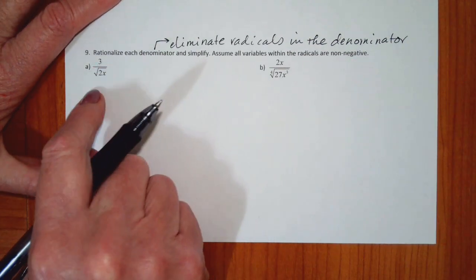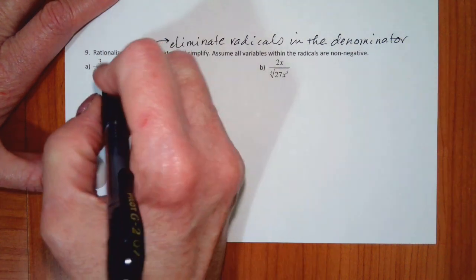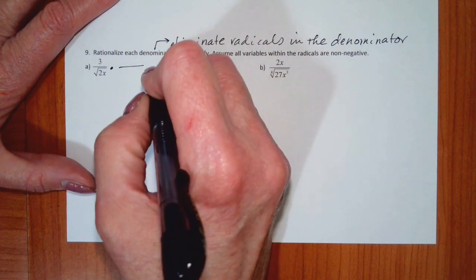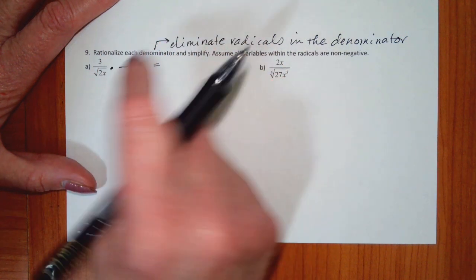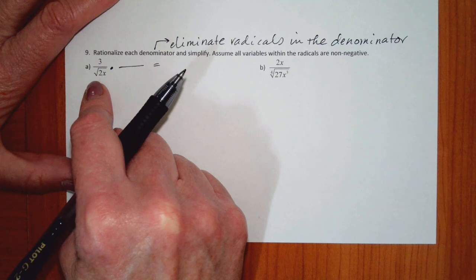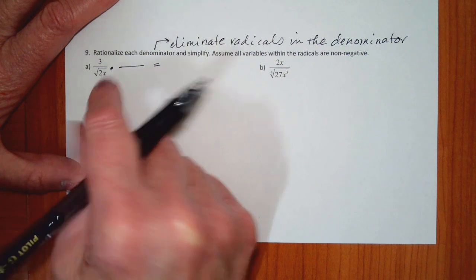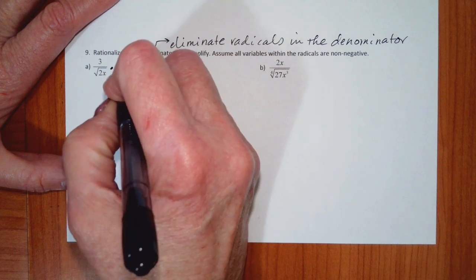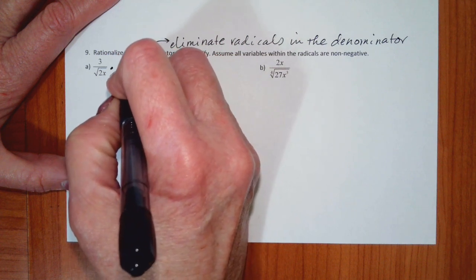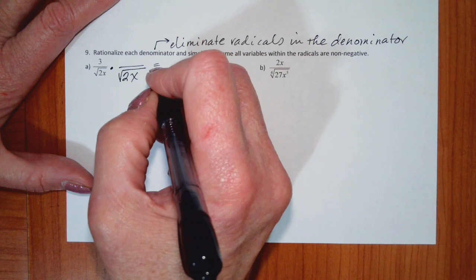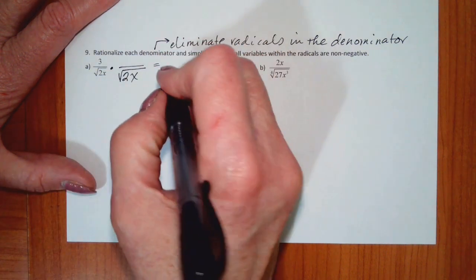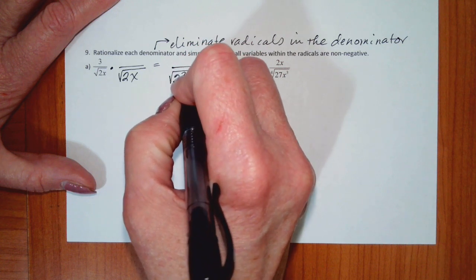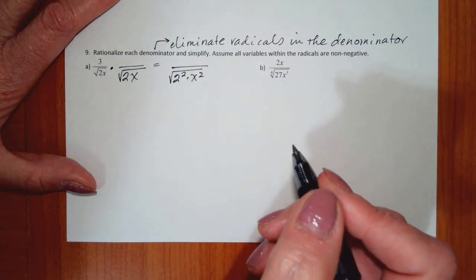Okay, so if I have 3 over the square root of 2x, I need to get rid of that radical in the denominator. So I need pairs under here. I need a pair of 2's and I need a pair of x's. So if I multiply that by the square root of 2x, then this becomes the square root of 2 squared times x squared, and that'll get rid of it.